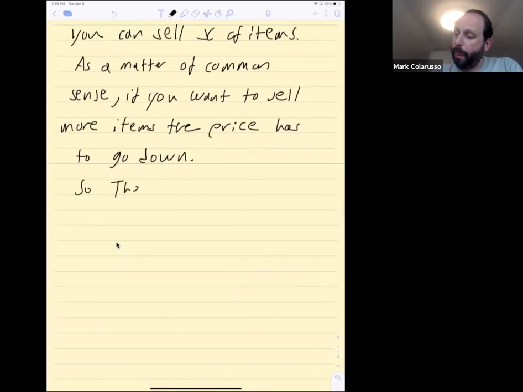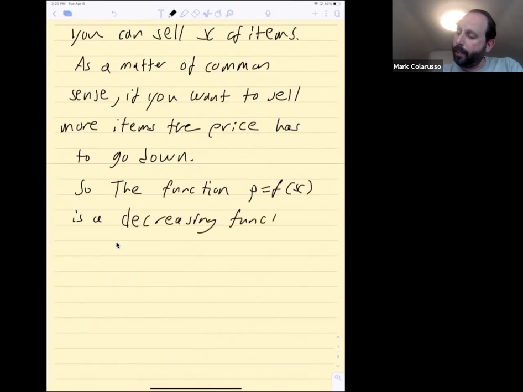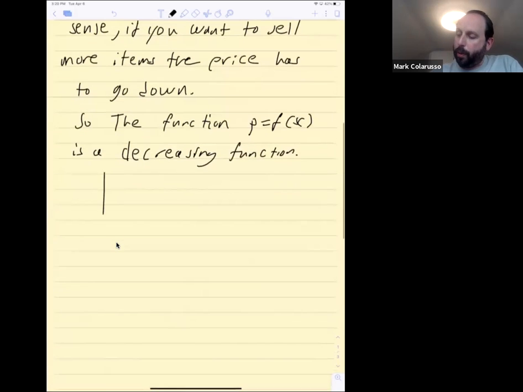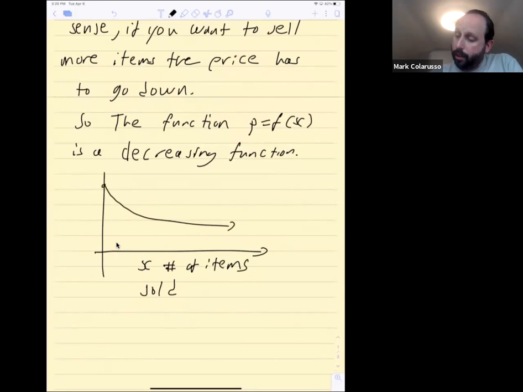So the function p equals f of x is a decreasing function. There are different possibilities for this, but we can sketch it out. This is x, the number of items sold, on the x-axis. One possible way it could look is something like this. This would be price p on the y-axis, with some kind of decreasing function like this.